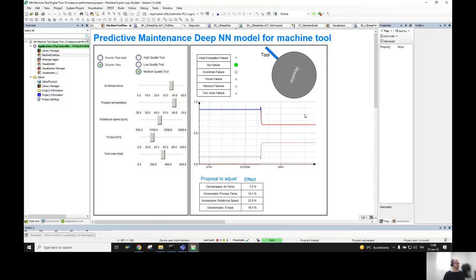So I would have a simulation or virtual model of my machine, and I could run some parameter changes and see the result, and according to the result I could then adjust some parameters in order to get the machine running in a comfort zone. So this is one dimension of this application: how this neural network model can be used for a machine.